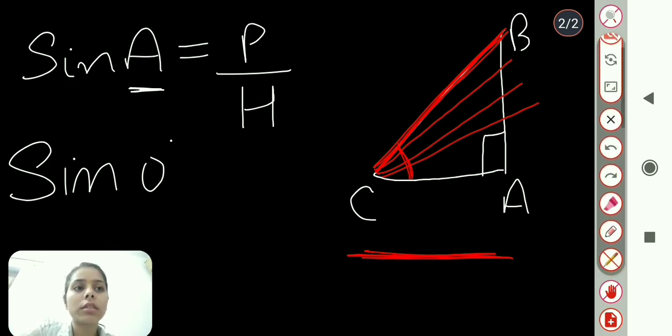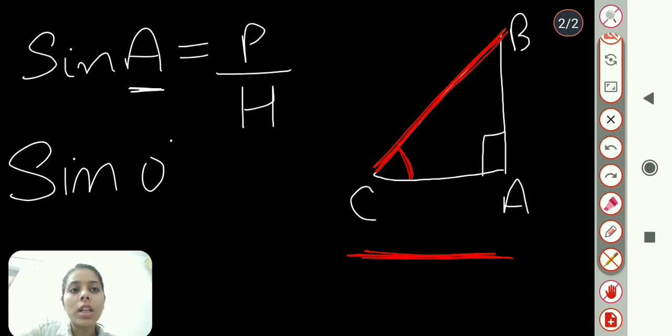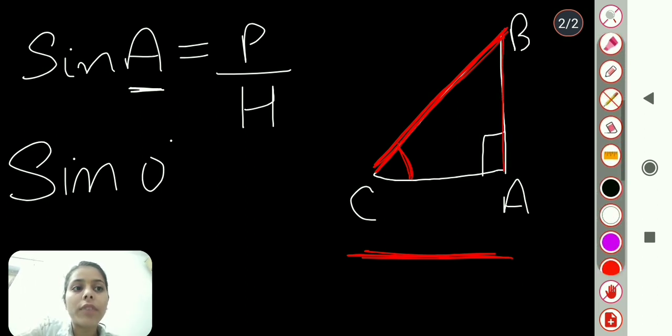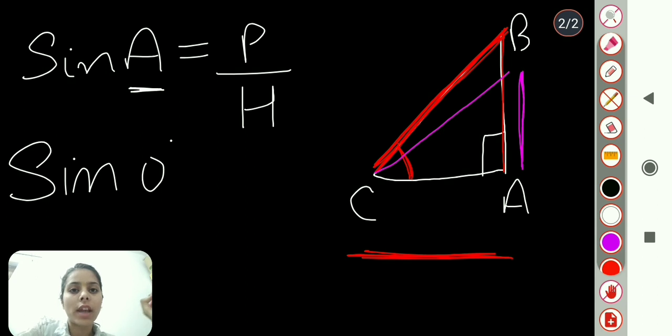Right? First of all, when the BC is at its original position, perpendicular is this. And when we reduce the theta at this point, the length of the perpendicular also becomes this much. It reduces from its original position, right?